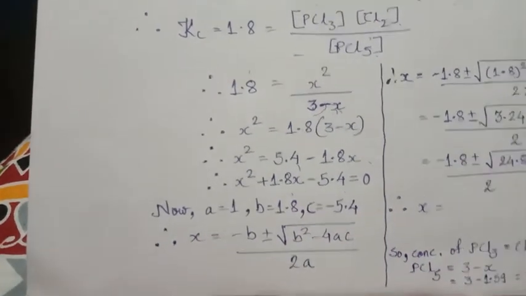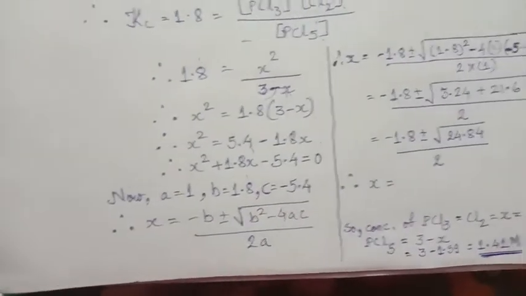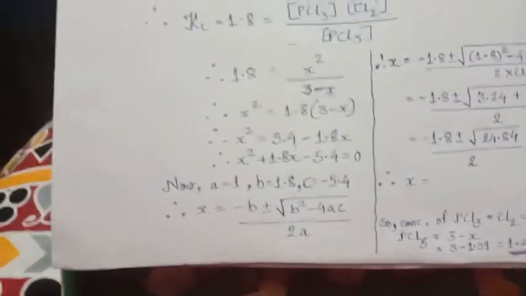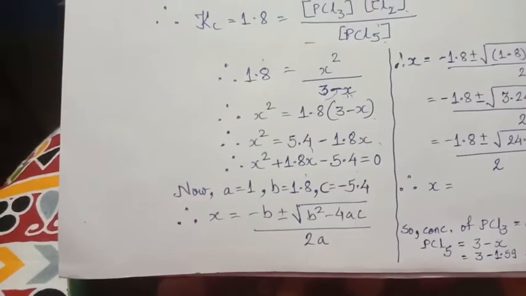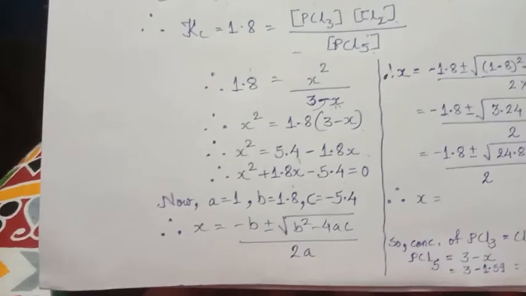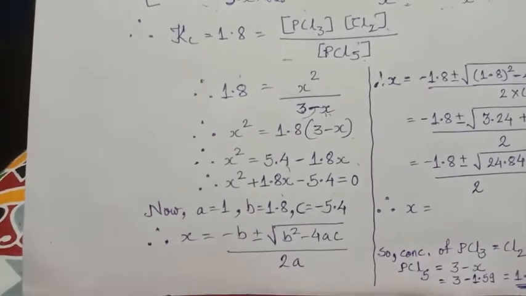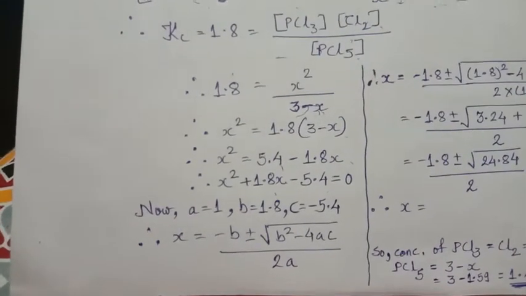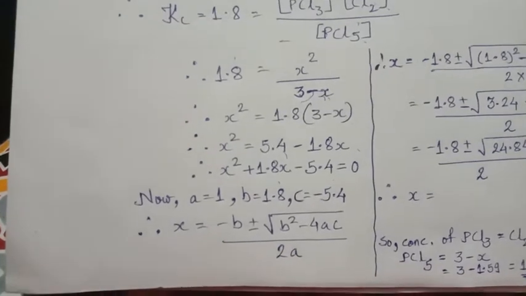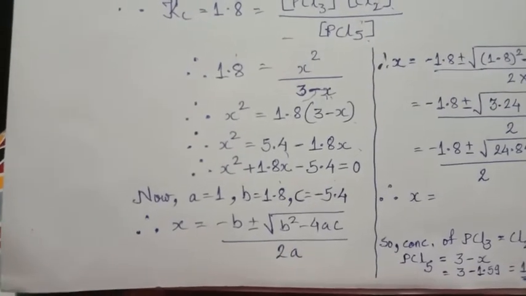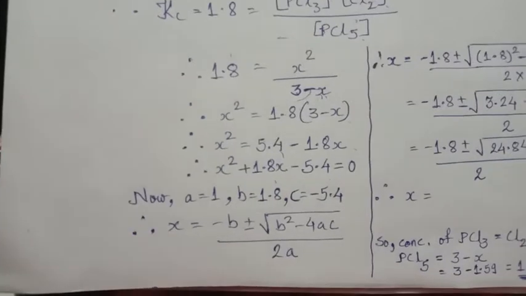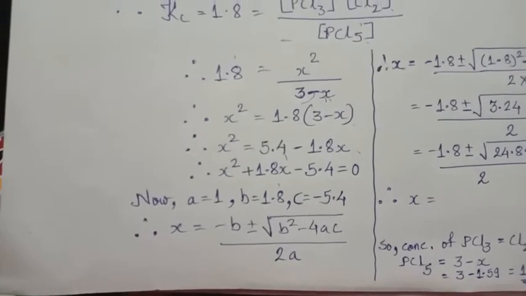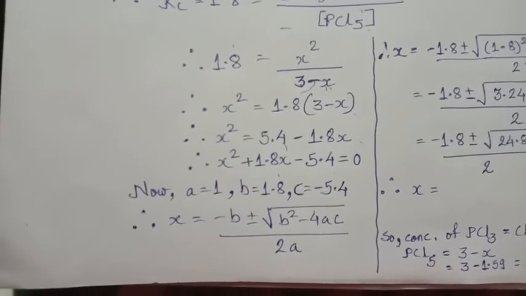We know how to find alpha and beta with the help of the delta value, but here we will go directly with the formula for x. So x is equal to minus b plus or minus under root b square minus 4ac, divided by 2a. In 10th standard mathematics you wrote under root delta, where delta is equal to b square minus 4ac, so it is one and the same thing.